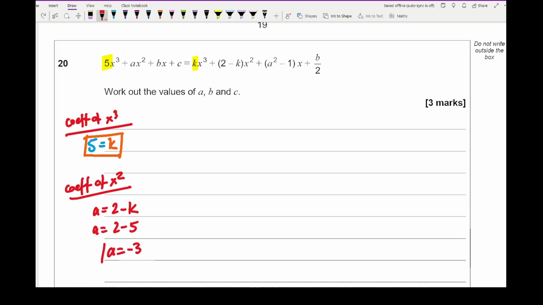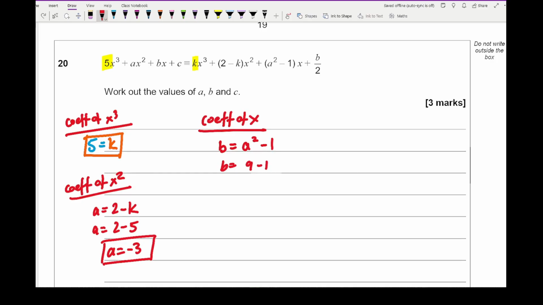a equals minus 3. Then if I look at the coefficient of x, on the left hand side I've got b, on the right hand side I've got a squared minus 1. Now I know that a equals minus 3, so a squared is going to be positive 9 minus 1, so b equals 8.